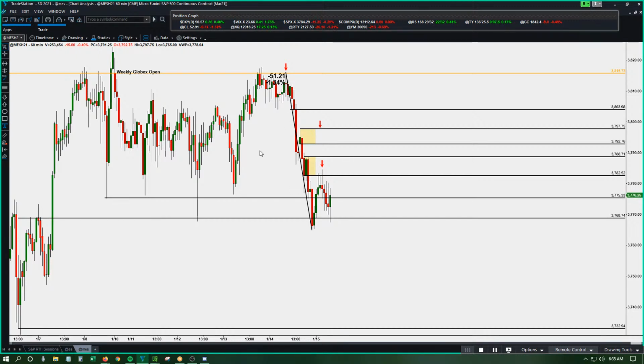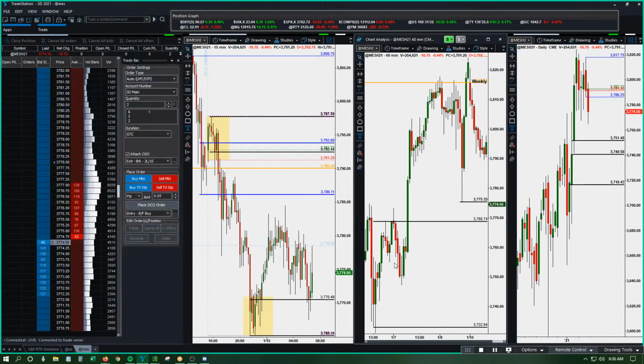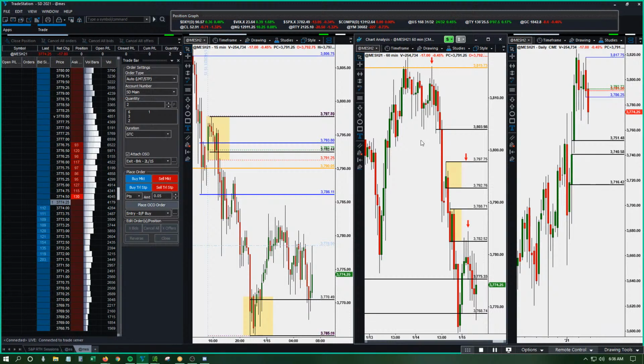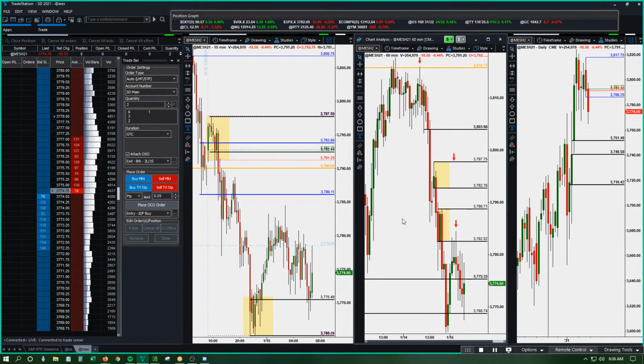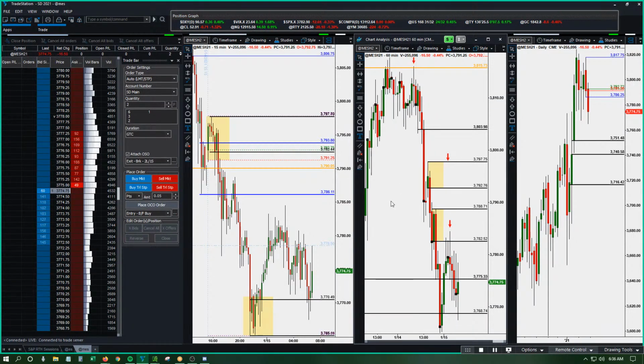That's the move. Out of that, it's about 1%, 1.5%. Don't have to grab all of that to make a nice little chunk of change. This is the micro contract too. If you're trading the ES, then instead of $5 a point, you're looking at $50 a point, right?